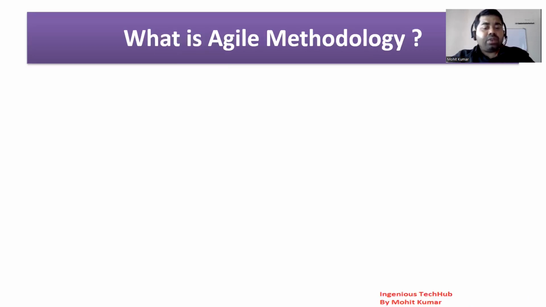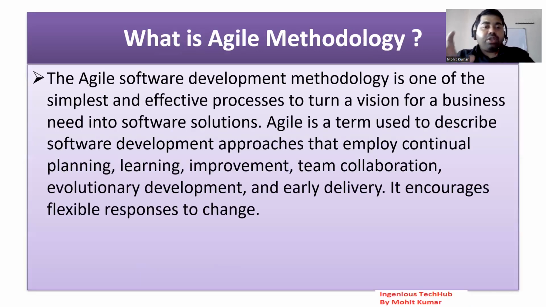Another question is, what is agile? If someone asks you what is agile methodology, you can explain the points I have discussed. But what is the definition of agile? The agile software development methodology is one of the simplest effective processes to turn a vision for a business need into a software solution.